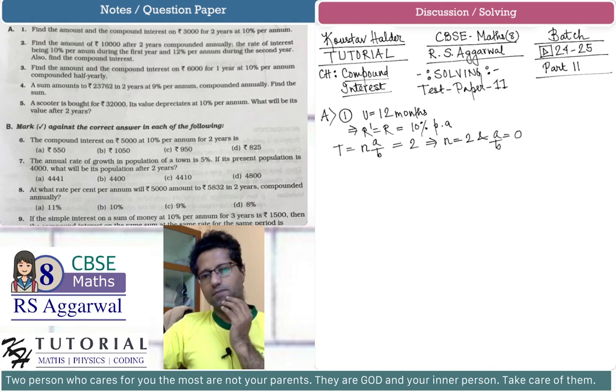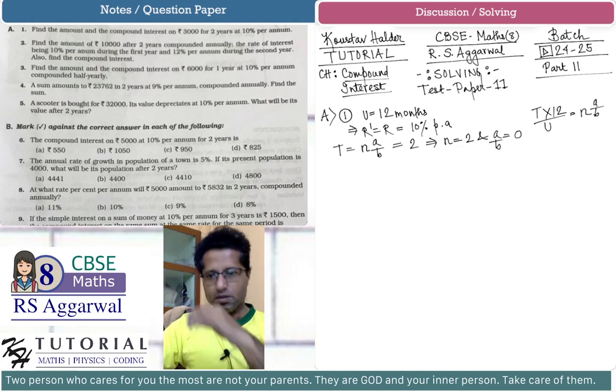When you represent, actually, as per my formula, T multiplied by 12 divided by U is equal to N A by B. That is, when U is given, U could be 12 months when the interest is being compounded annually.